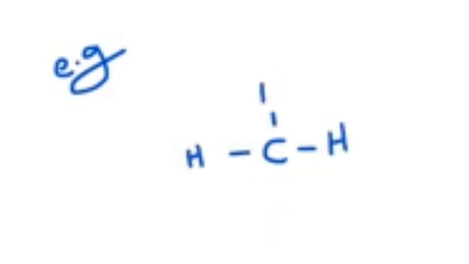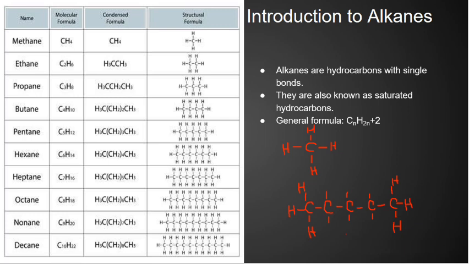Then we have hydrogen here too, and also here. So this is the structural formula for methane. Please note that there is a difference between structural formula, molecular formula, and condensed formula. So if you are asked to draw the structural formula and you are drawing molecular formula, you are totally wrong. Okay, so this is for methane.